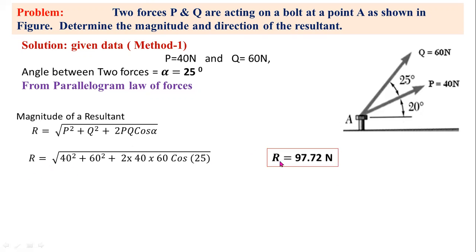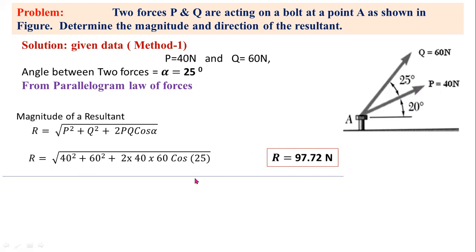Finally R equal to 97.72 newtons. This is the magnitude of the resultant for these two forces. Here alpha equal to 25 degrees, you have to consider only the angle between the two forces.